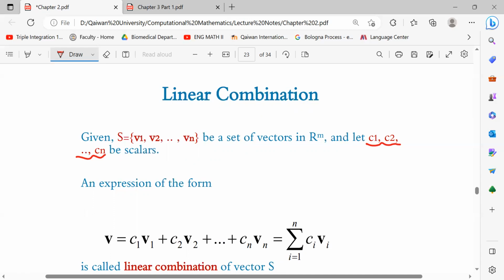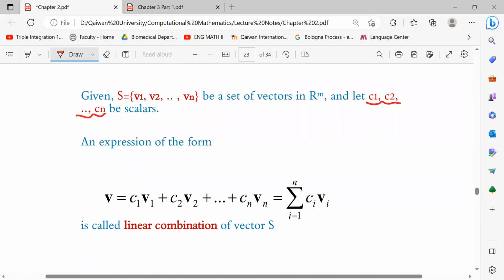If you could write down a vector in this form by multiplying a constant by the first vector, plus a constant by the second vector, plus a constant by the third vector, and so on, we say this vector is the linear combination of v1, v2, v3 up to vn.